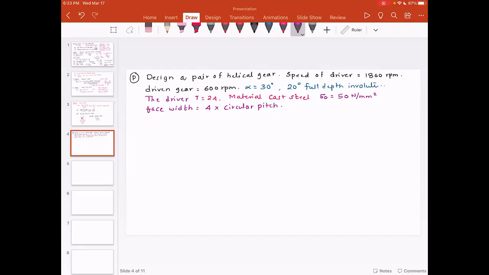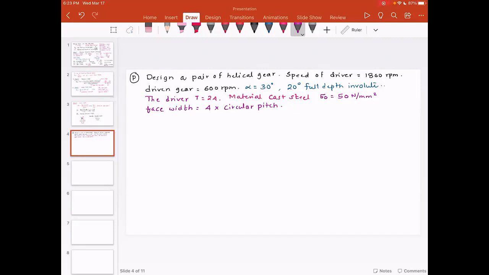Sometimes they define the face width in terms of the circular pitch, and as you know, the circular pitch is nothing but pi times the module. So you can work the problem that way.